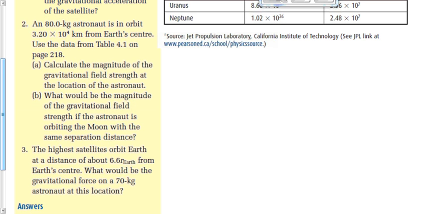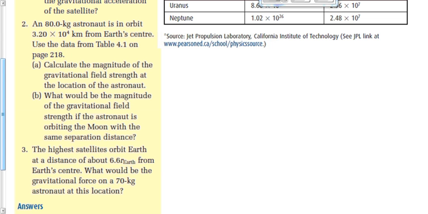Now, look at what we've got here. We've got an astronaut, we've got the Earth. One of these things is the producer that causes the field, and one of them is the experiencer that feels the field. Which one is which? Forget about what I know something about right now.